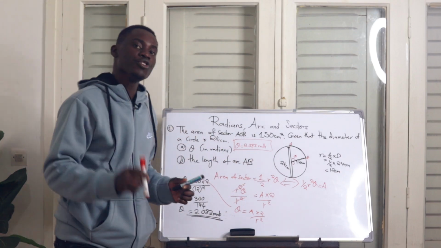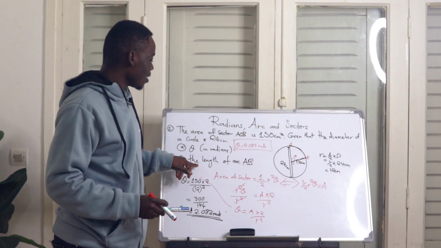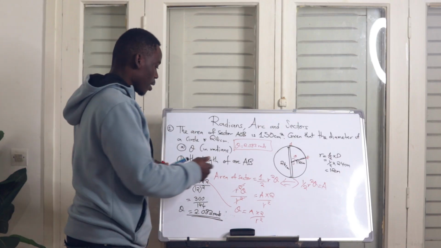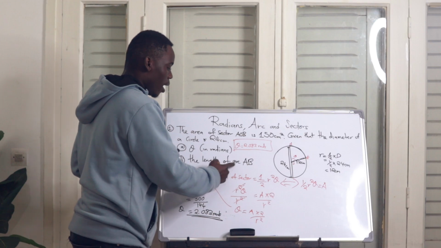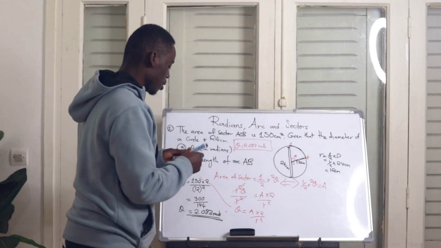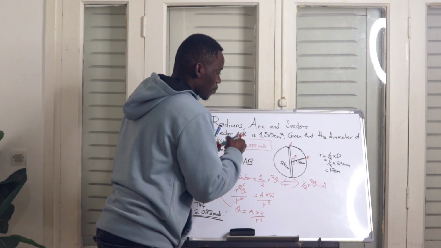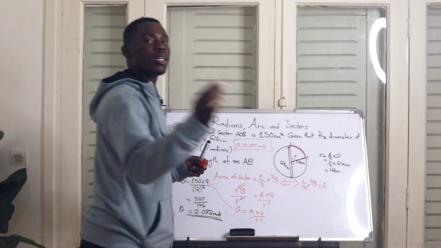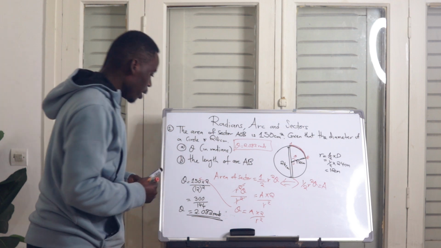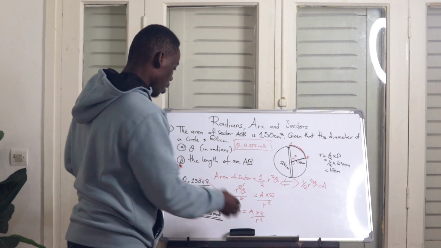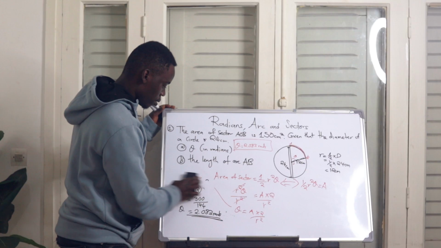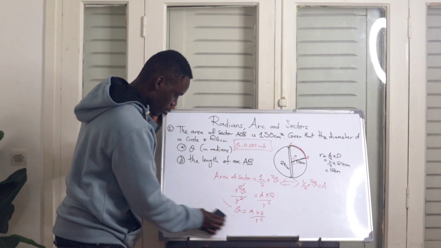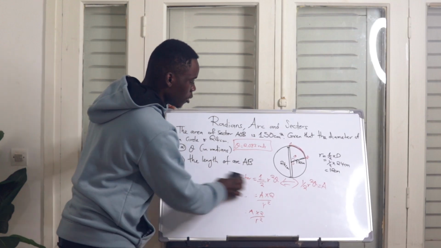Now, the next question says, calculate the arc length, or the length of arc AB, this distance here. So how do we calculate it? I'm going to rub this off so we can have enough space to calculate.